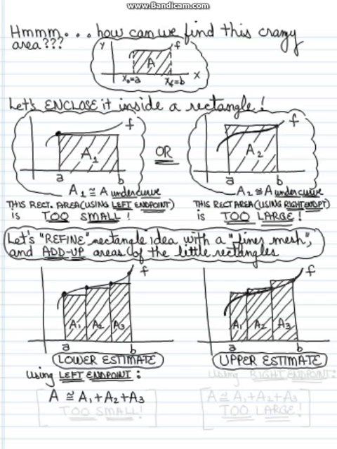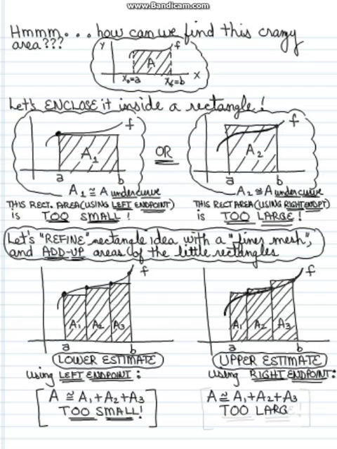So here we have area is equal to the sum of the little areas, and that's too small. Okay, over here using the right endpoints, we get too much. So the area under the curve is approximately the sum of the little ones, but in this case with the right endpoint, the area that we add up will be a little bit too large. So we're going to have to come to some agreement somewhere in the middle or come up with a different idea.